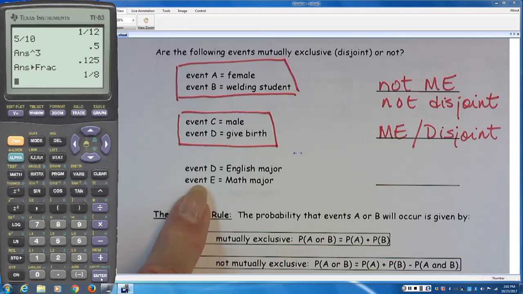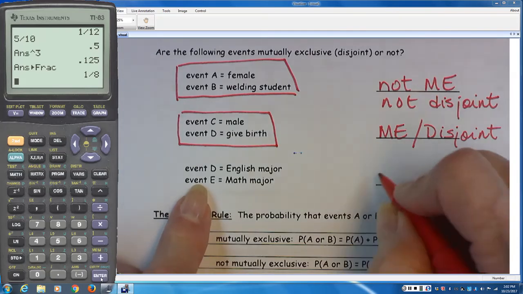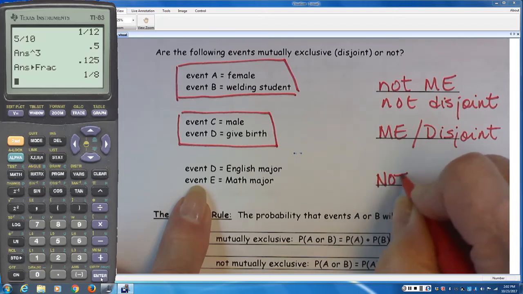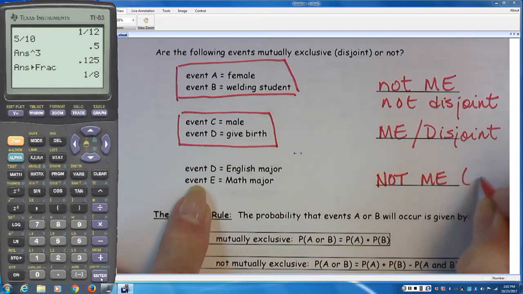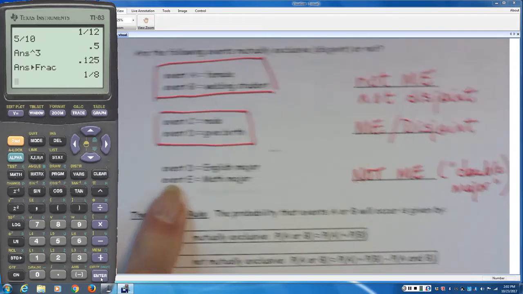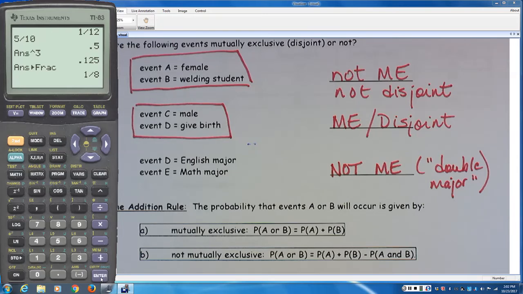That's your dual major. Can you be a double major? Yeah. So no, they're not. You could be a double major. Okay?